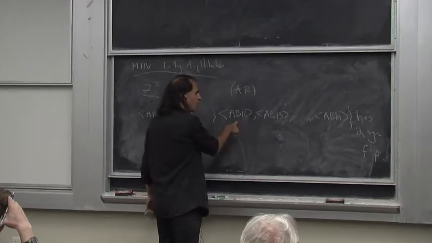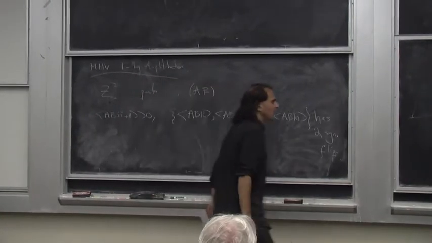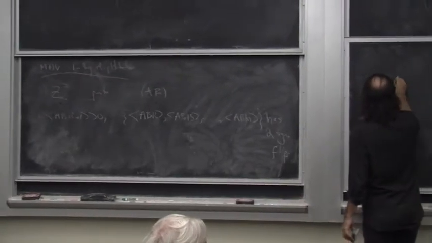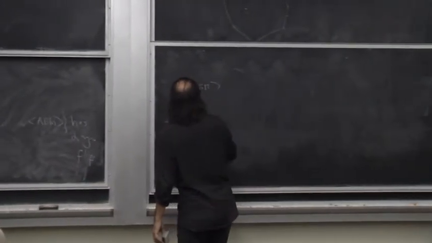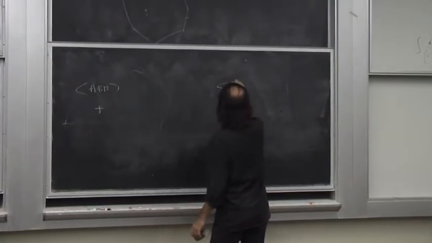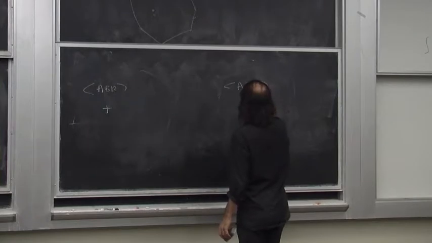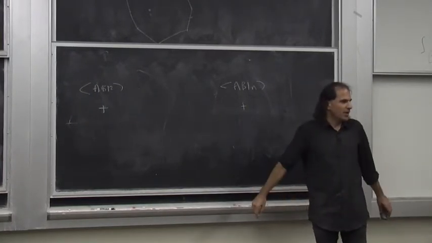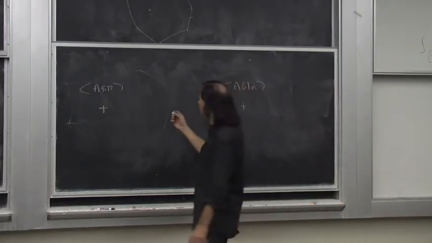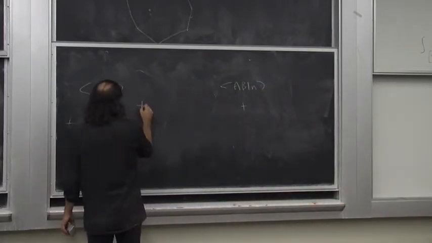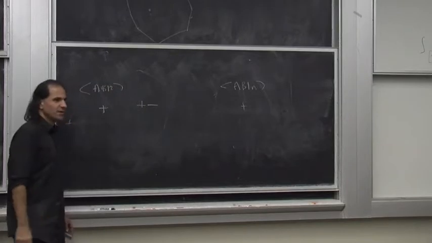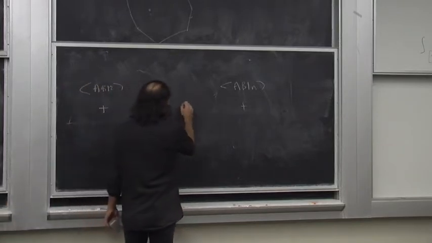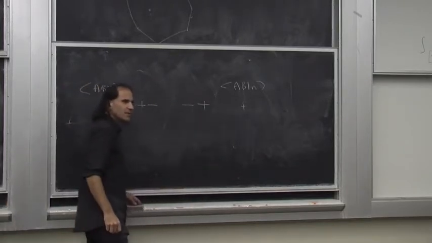Because I start with AB12 and I end with AB1n, and AB12 by assumption is positive, and AB1n is positive, then no matter where AB is, there has to be some place where this changes sign from plus to minus, and some place where it changes sign back from minus to plus.